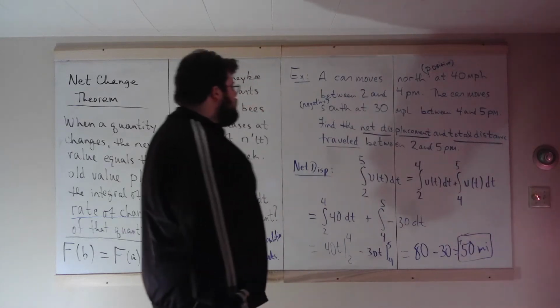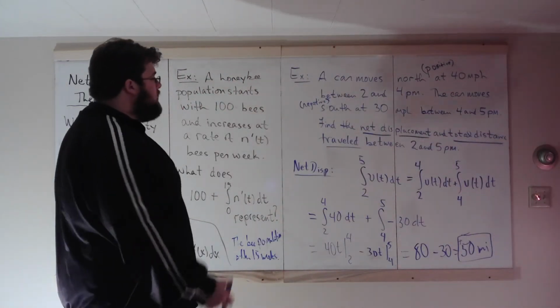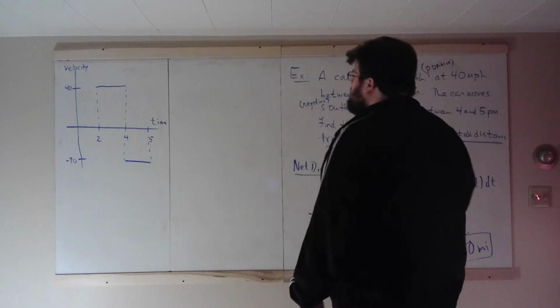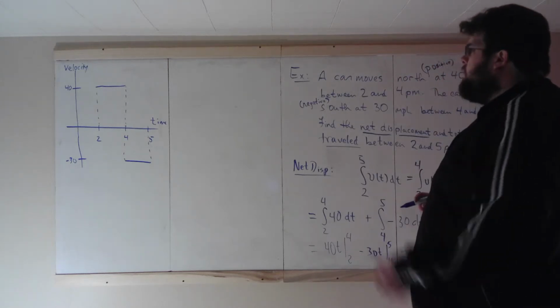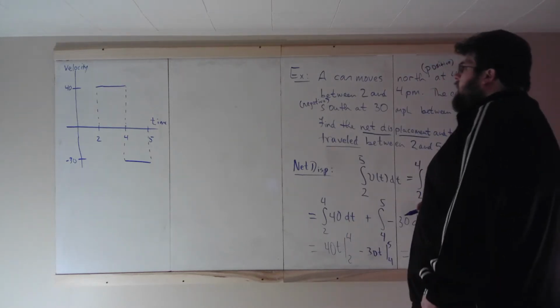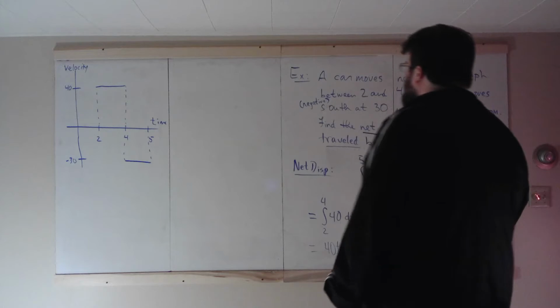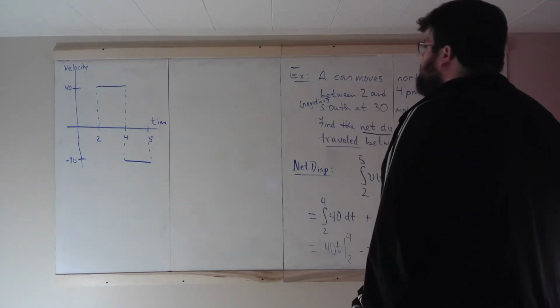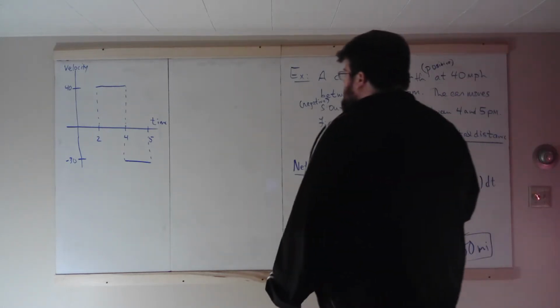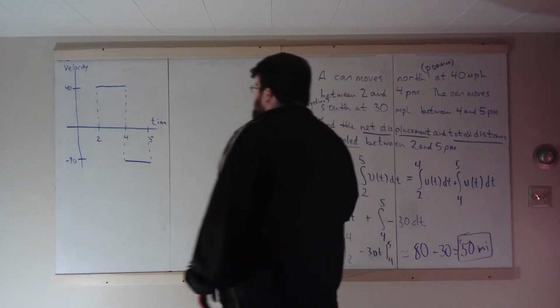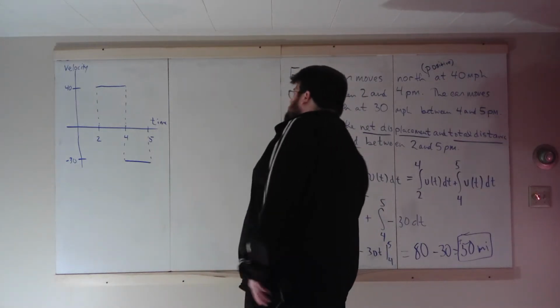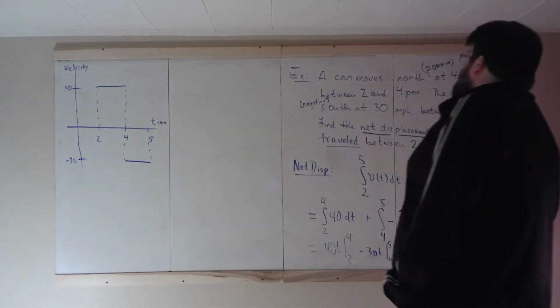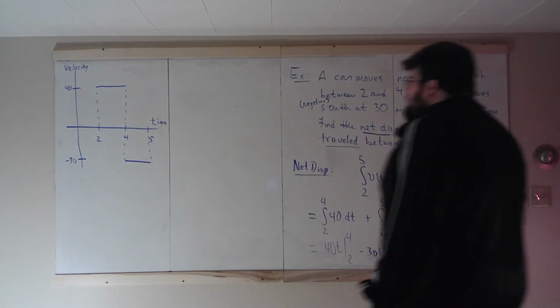Now, what about the total distance traveled? How can we do that? Well, let's look at a graph. Right here we have a graph of the velocity on the y-axis, time on the x-axis. Between 2 and 4, the velocity is 40. Between 4 and 5, the velocity is negative 30. And what does this integral find? Well, remember, the integral gives us areas.